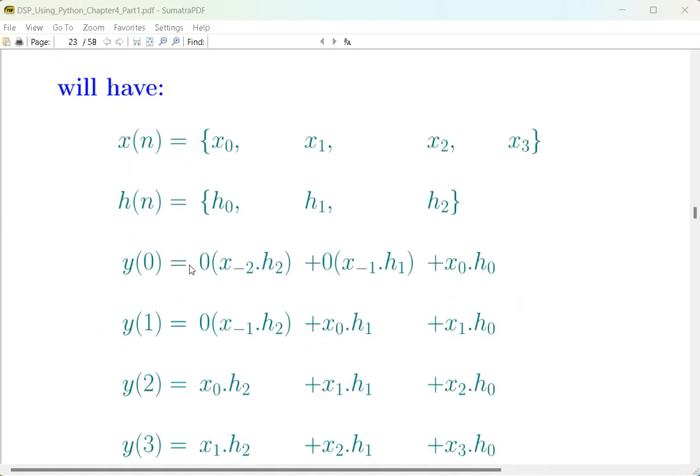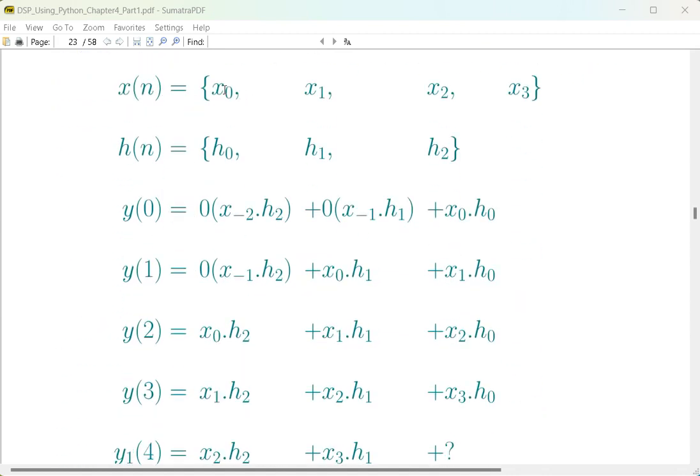Now we will have the first segment: x0, x1, x2, x3, because n1 has been chosen to be equal to 4. So 4 samples appear here. Now what about impulse response, h of n? h0, h1, h2. Now carefully look at it. Y of 0 needs x of minus 2 times h2. So what will be here?